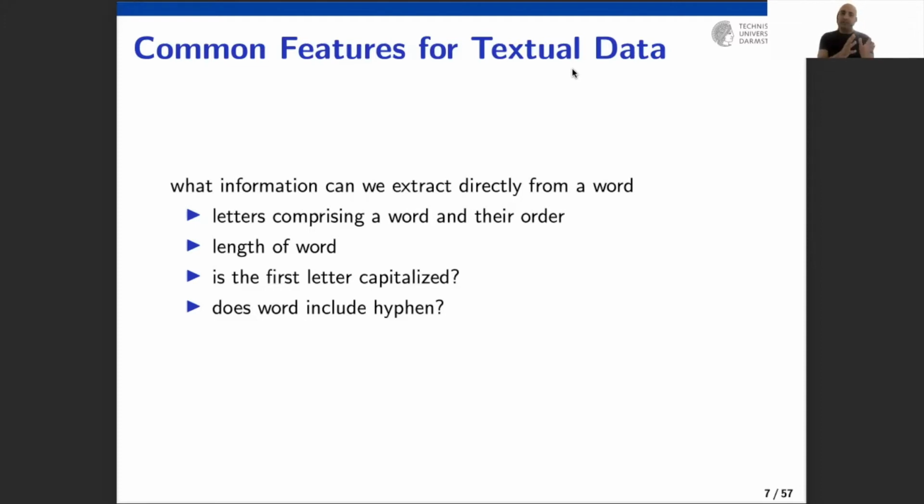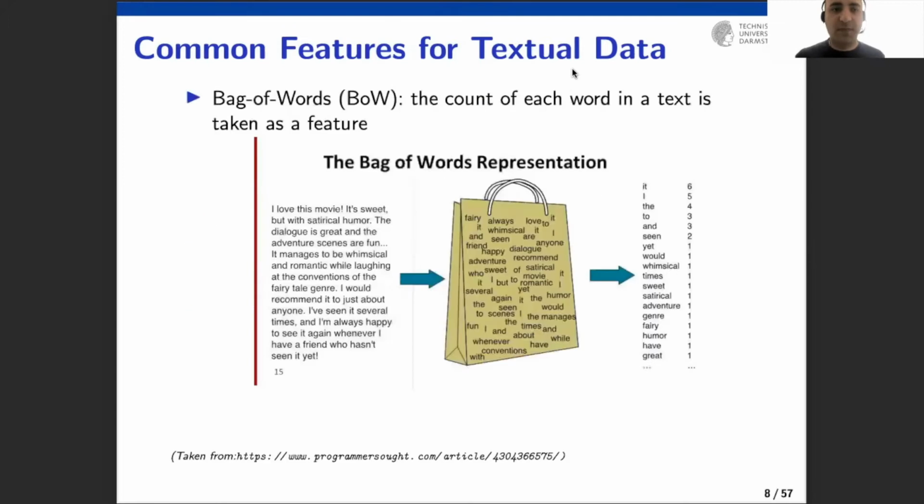So it returns a value 0 or 1. 0 shows that the first letter is not capitalized, and 1 shows that the first letter is capitalized, right? So any of these features can be taken as a function, to which we refer as a feature function.